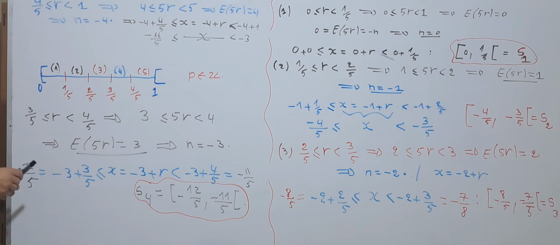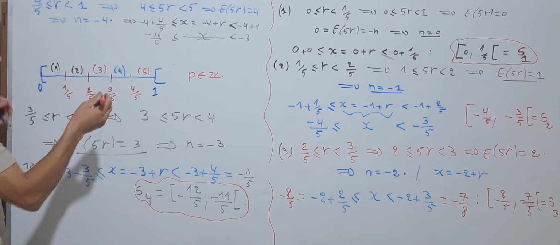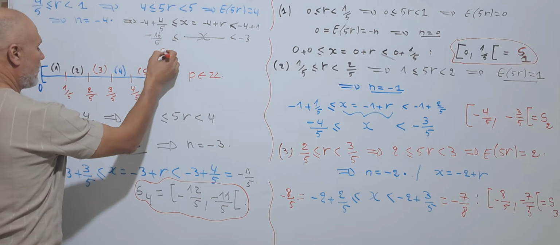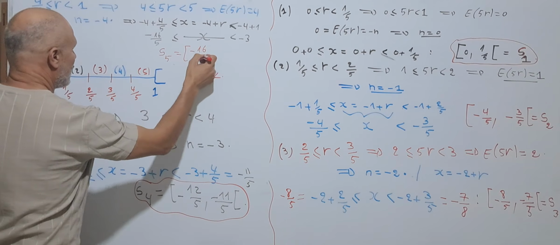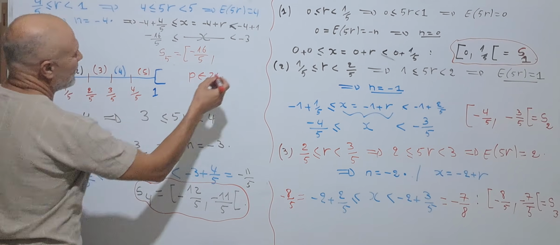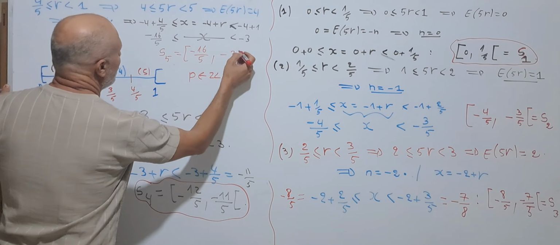And the last S5 is equal to minus 16 over 5 to minus 3.